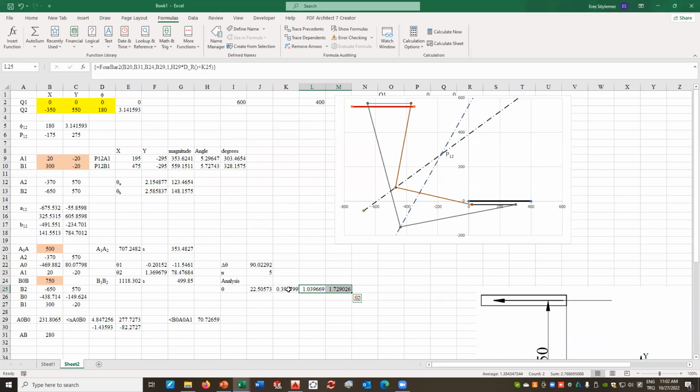But these two angles are not measured from the positive x-axis. These two angles, one is theta 1,3, the other one is theta 1,4. These two angles are measured from A0, B0. Let me show it in degrees.